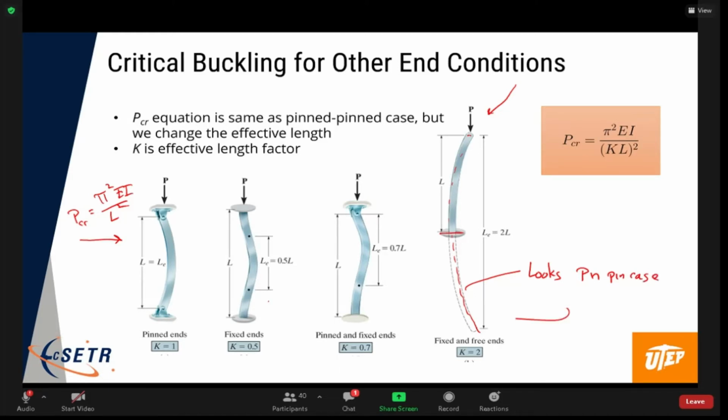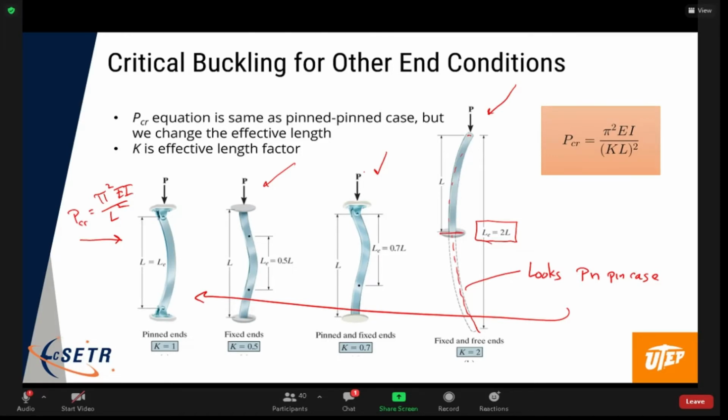The only difference is the effective length is different. Like this would be the pinned pin case for a length twice as much. All right. So we can actually get these other cases by talking about the effective length.